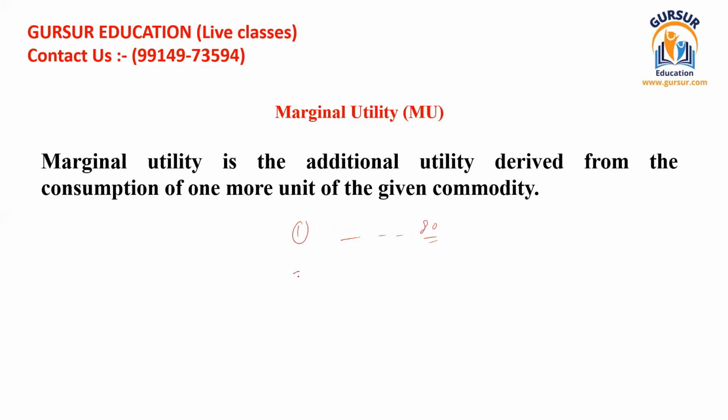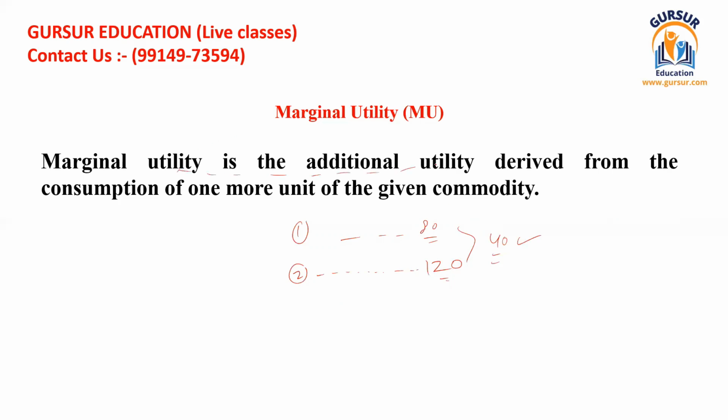Then by consuming the additional unit, whatever additional utility you get, maybe at the second you get the total utility of 120. Then the difference between first and second is 40. This is known as marginal utility.